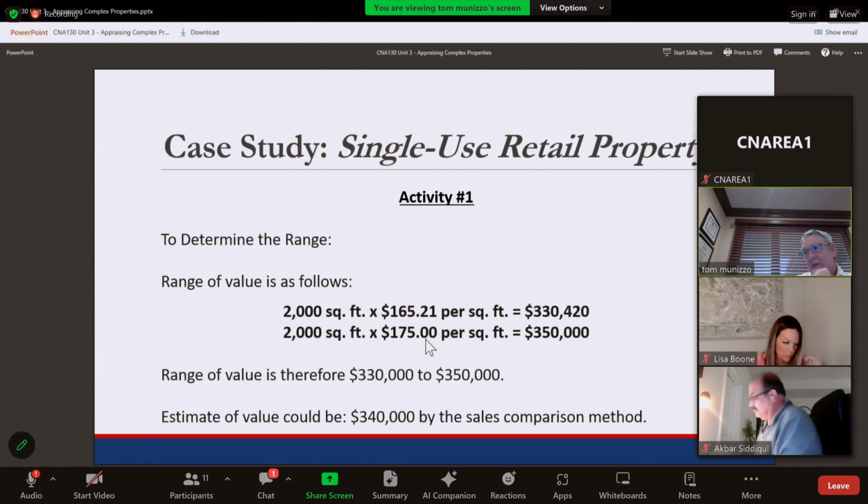All right. To determine the range, activity 1. Let me see, where is this one?